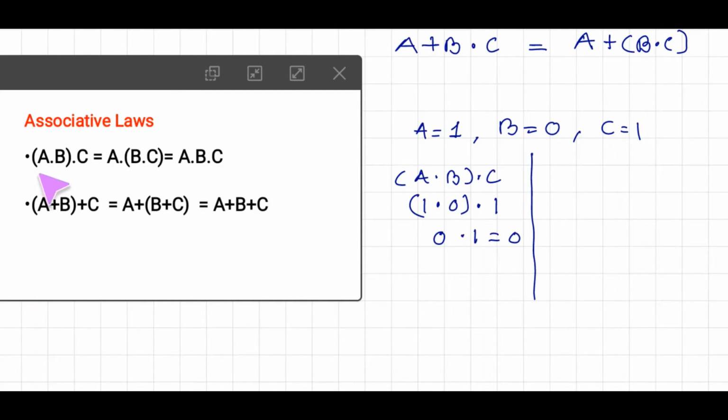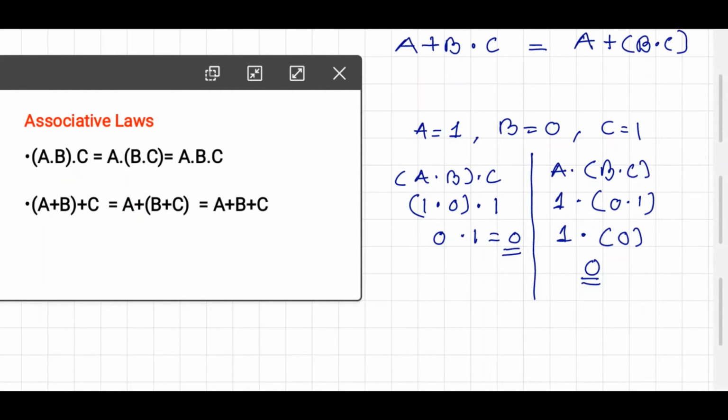So the result of the first term is 0. Similarly, in the second operation, A dot B dot C with A as 1, B as 0 and C as 1, it is 1 into 0 into 1, which is 0. So 1 dot 0 is again 0. That means this is 0 and this is 0, so we can say this term is exactly equal to this term.